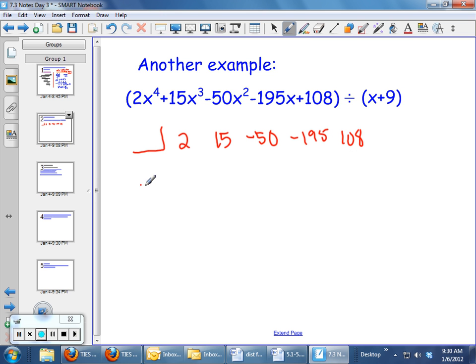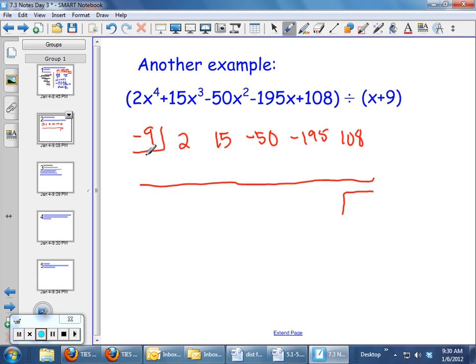And then we draw our line. We make our little box for our remainder. This is always going to be our remainder. And then up in this box, we put whatever makes this 0. So -9 would go in the box.